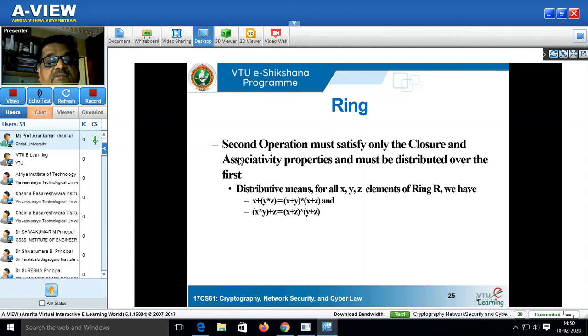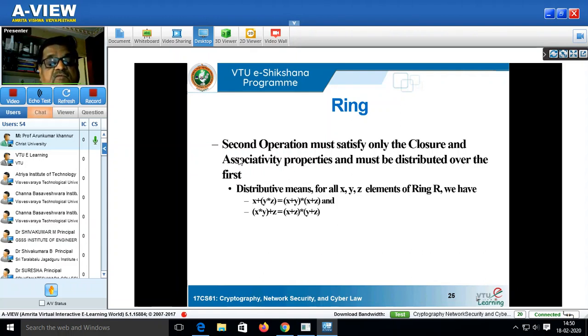Distributive means for all x, y and z elements of ring R, we have x plus within bracket y star z equal to within bracket x plus y star within bracket x plus z, and within bracket x star y bracket complete plus z equal to opening bracket x plus z closing bracket star opening bracket y plus z closing bracket.